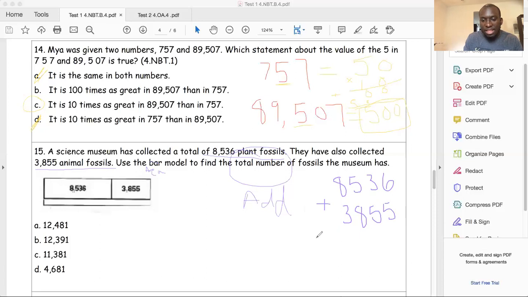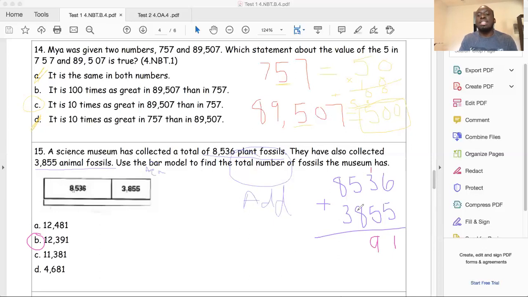Add them together. I am going to get 11, carry my 1. 3 plus 5 equals 8, plus 1 equals 9. I can stop there, to be honest, because I know automatically my answer choice is B, just because of my only two digits, but I will keep going so you can see.